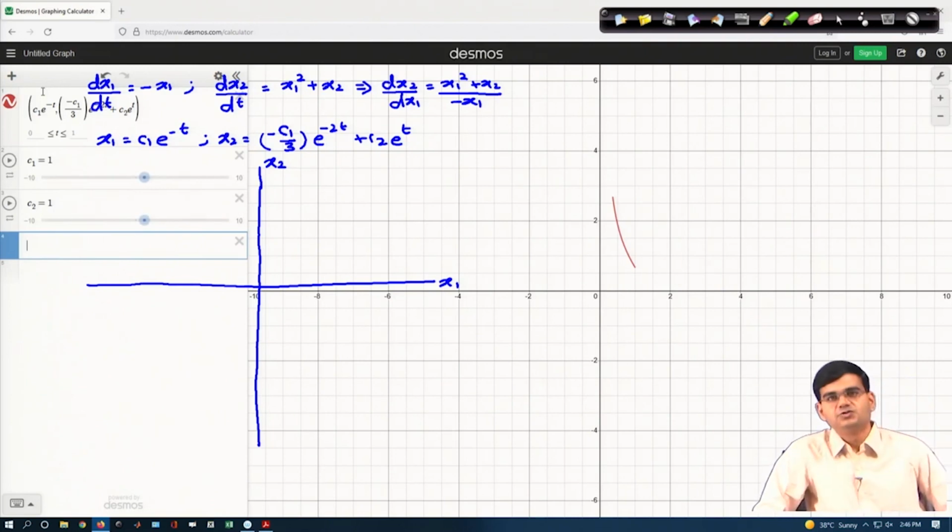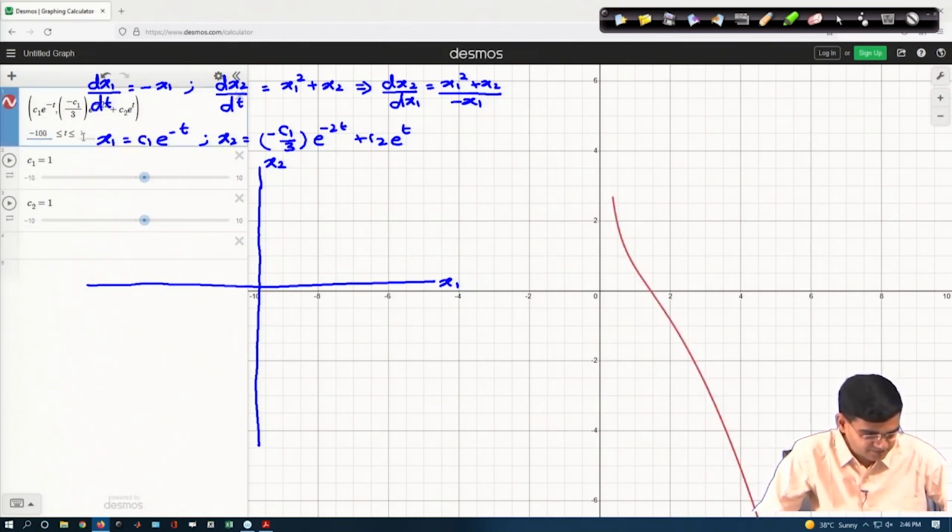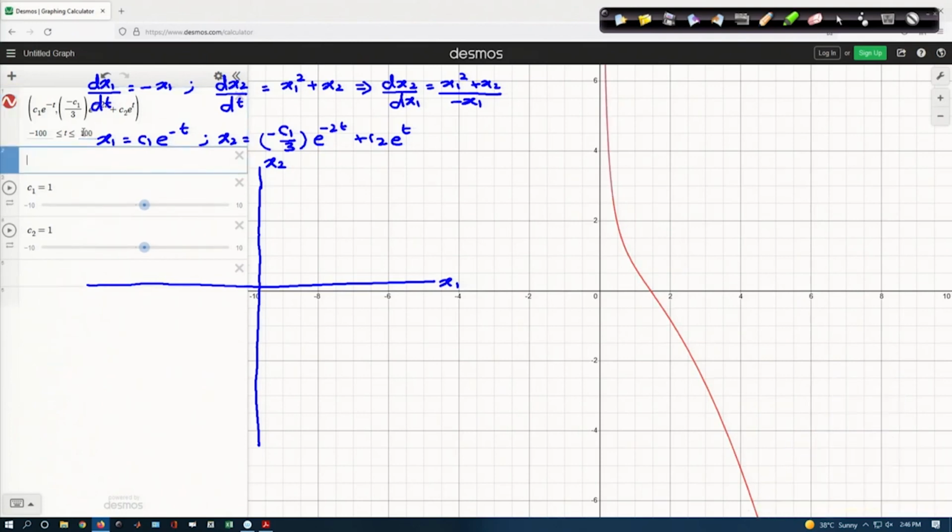Okay. So, now the plot is in front of you, and what I can do is increase the parameter t from minus 100 to 100. One curve is in front of you. So, let me draw this curve, and this curve would be this.